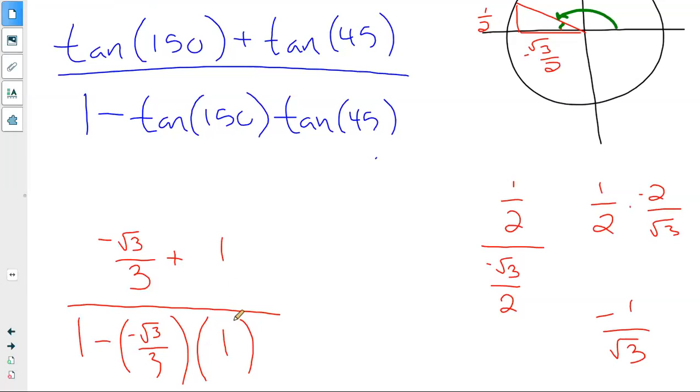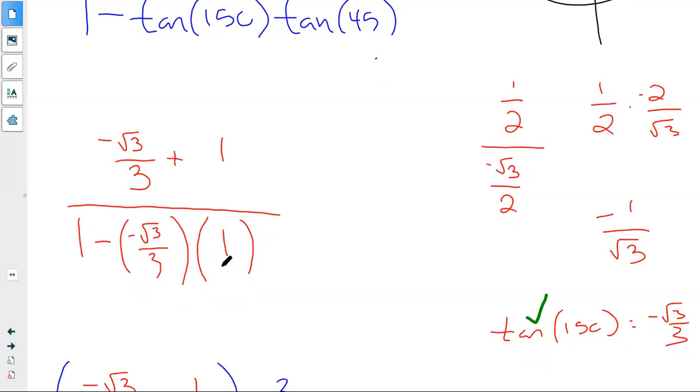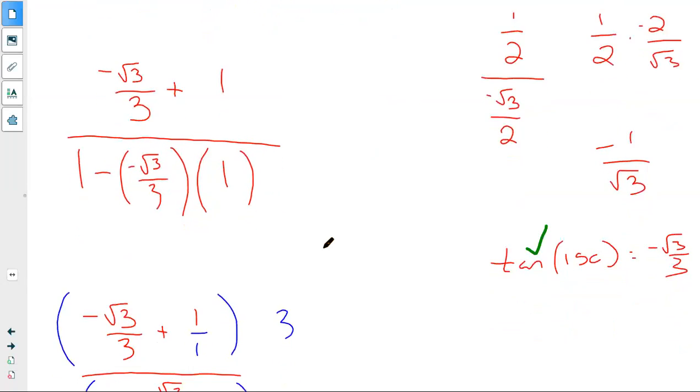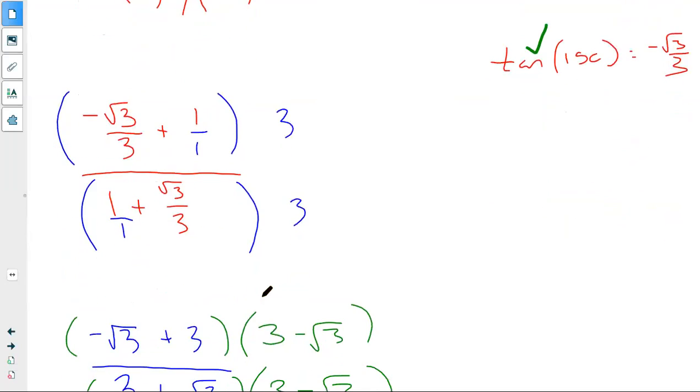So we're going to populate our formula here, negative root 3 over 3 plus 1. And then in my denominator, 1 minus negative root 3 over 3 times 1. Slow down, make sure you do your algebra correctly. In the numerator, I have to produce a common denominator when I add the 1. Actually, in this case, what we're doing is we're going to just clear our fractions completely.